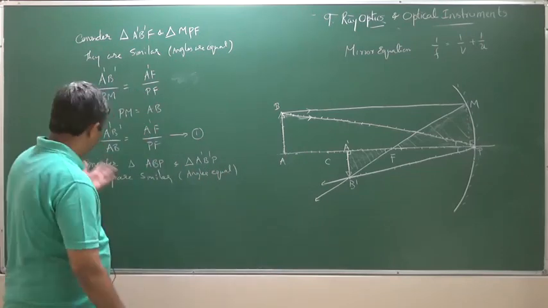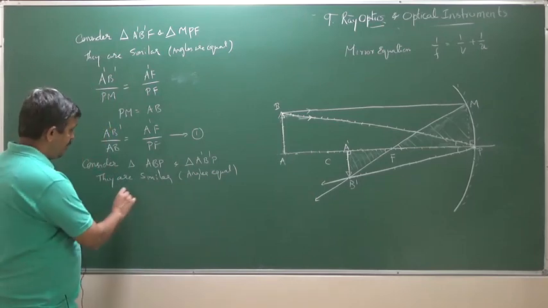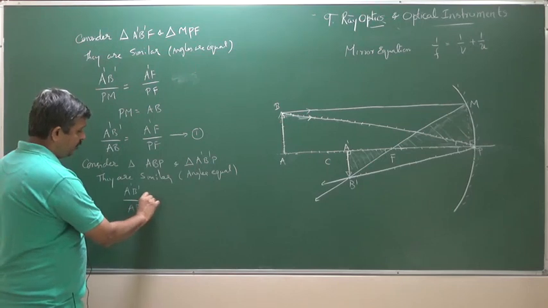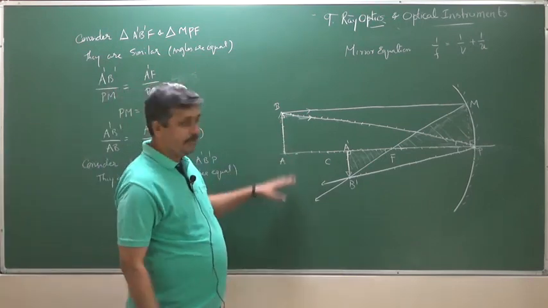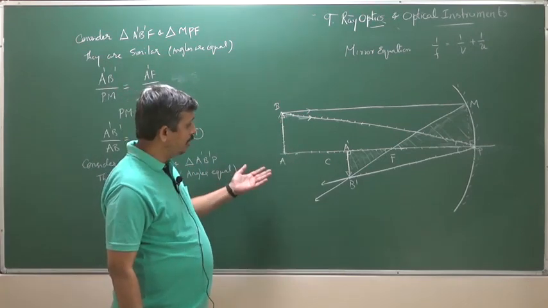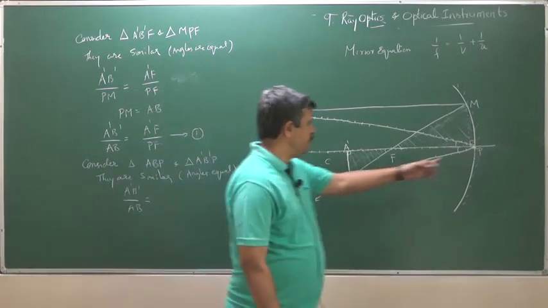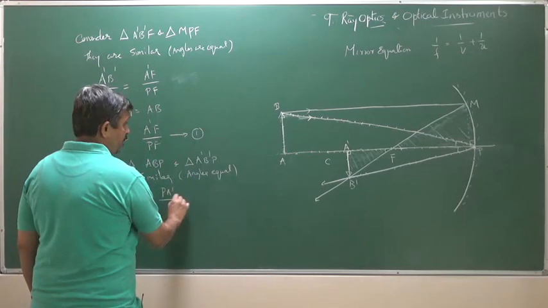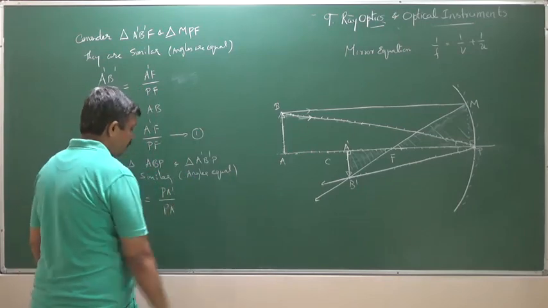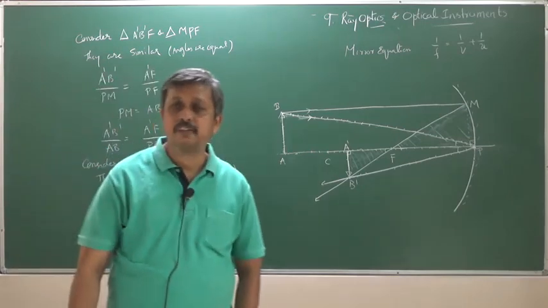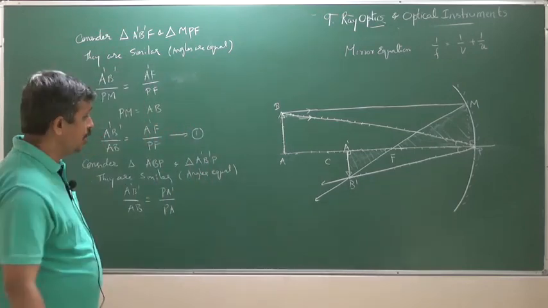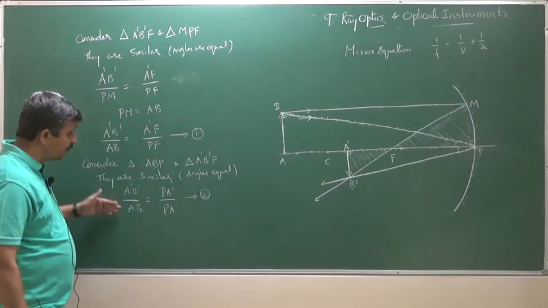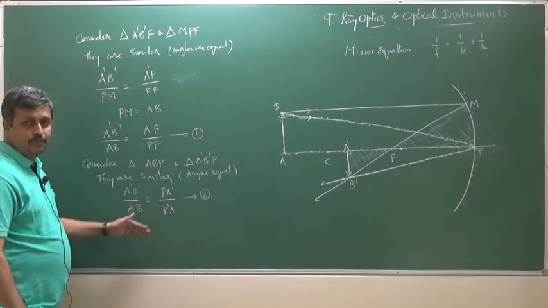So A dash B dash by AB, corresponding sides. I will take the corresponding side as PA dash by PA. So this is equation 2. The LHS of 1 and 2 are equal, so the RHS have to be equal.